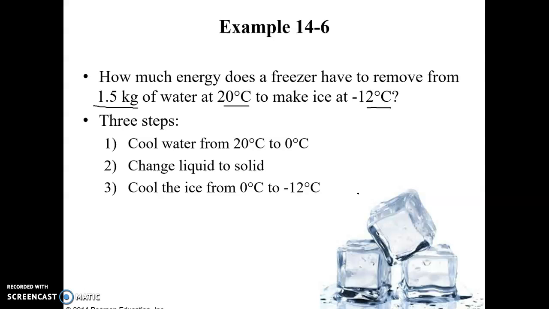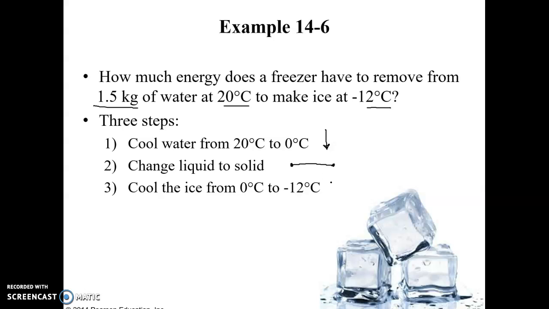So we need to break this problem down into 3 steps, essentially. We're going to start off with our 20 degrees Celsius water. We need to cool that down until it hits 0 degrees. Then at 0 degrees, it needs to freeze. We need to pull out all of the energy to make that liquid turn to solid.